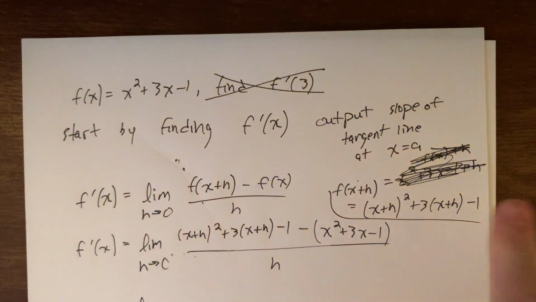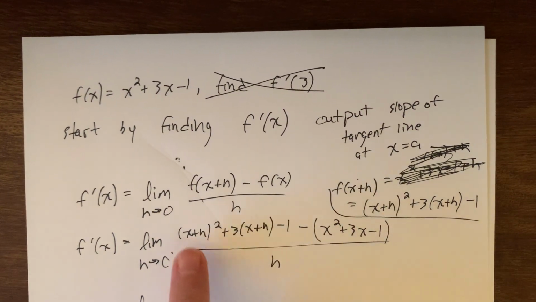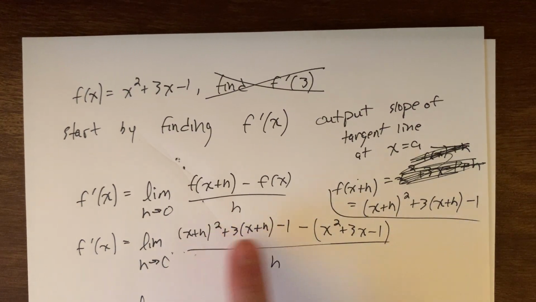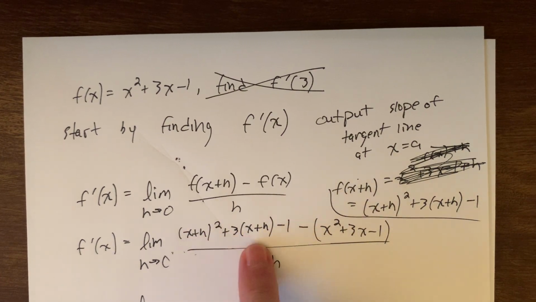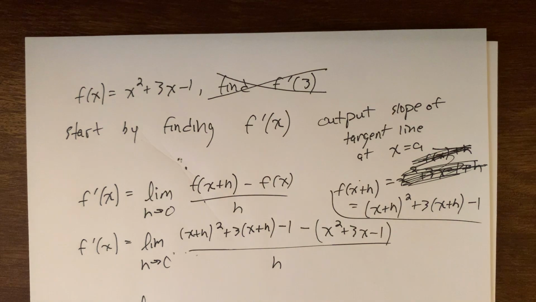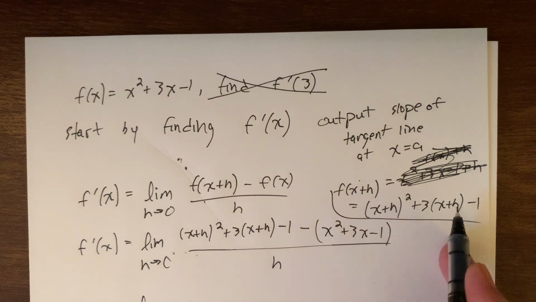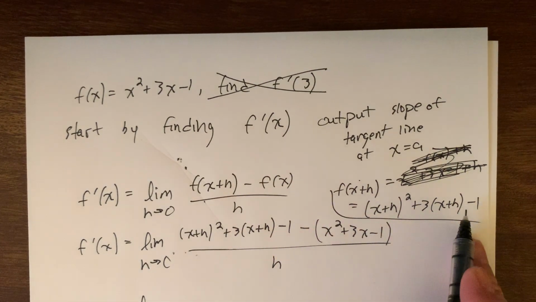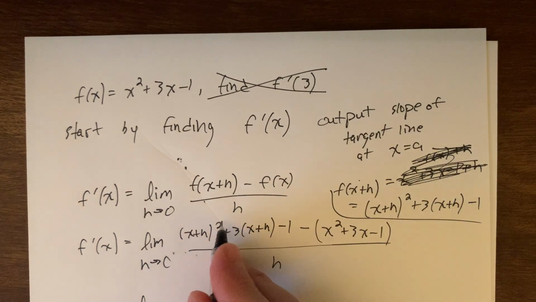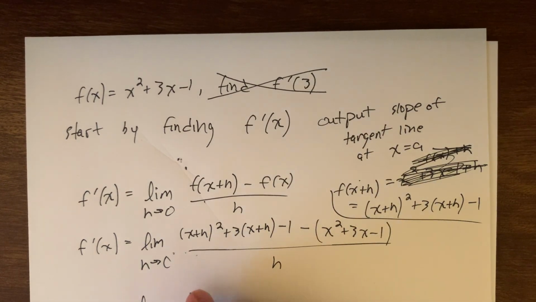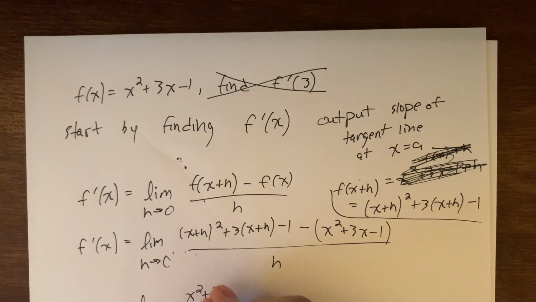How are we going to simplify? We're going to need to get rid of all these parentheses. As you get a little more practice, some people don't write this in here. They've already done this off on the side. Let's finish cleaning this up. What is x plus h squared? x plus h times x plus h.